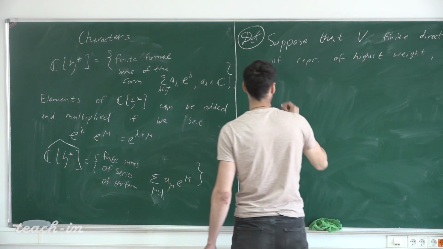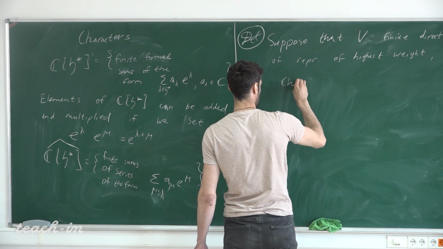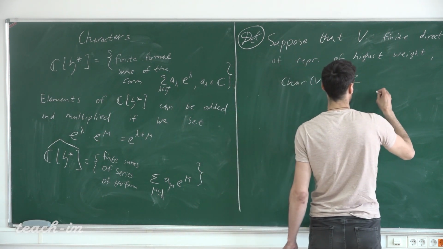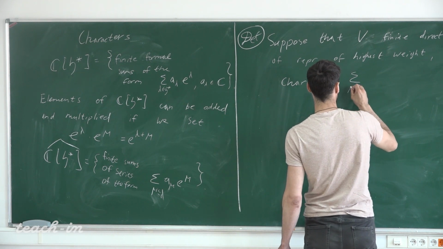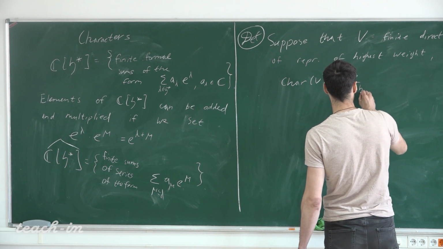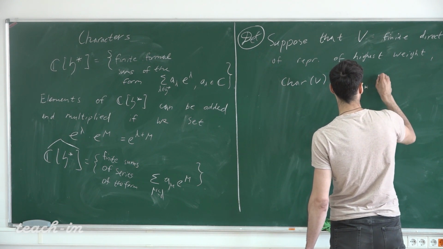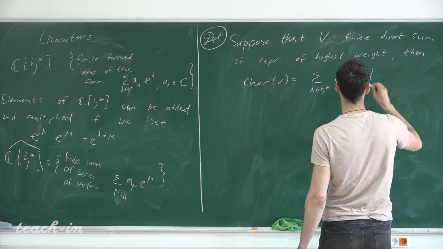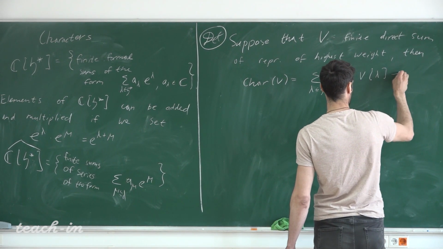In this generality, we can define the character of V to be the sum over lambda in H star of dimension of V_lambda times e to the lambda.